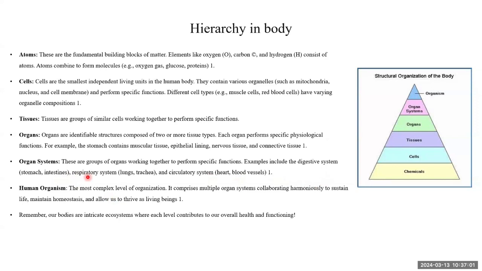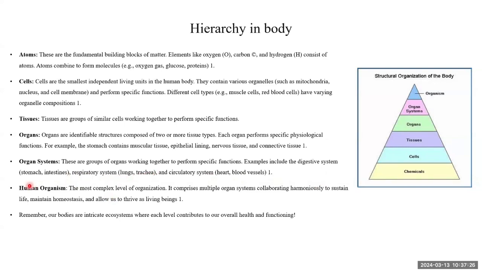Then there is the respiratory system, which contains the lungs, trachea, and all the vasculature around the lungs that is important for respiration. So the lung alone is an organ. When combined with other similarly functioning organs, we call it the respiratory system.